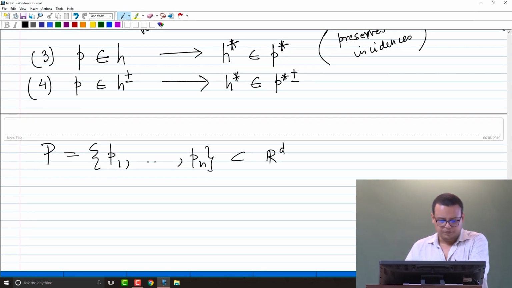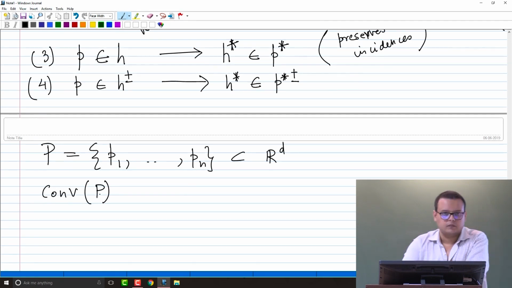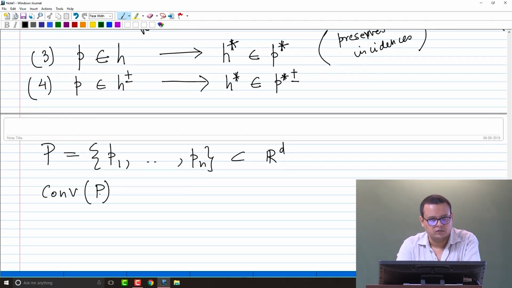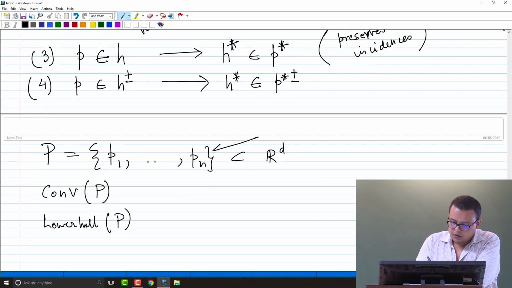I can make a convex hull of P. I can also define what is called the lower hull of P. Assume this is in general position.